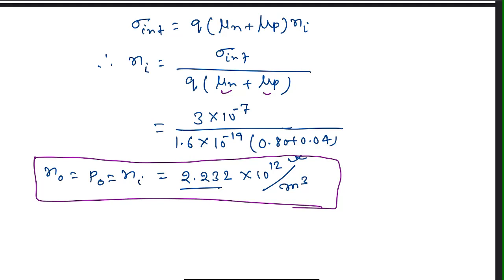If you make the mistake of substituting centimeter cube, then your answer will be wrong, because in the engineering services examination, units have significance in how you solve the problems.